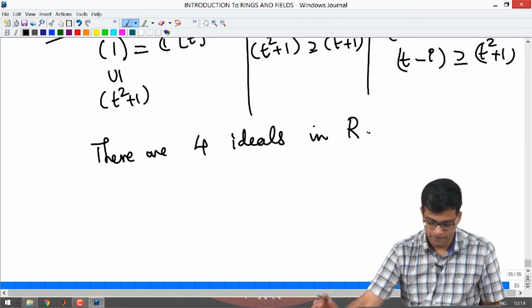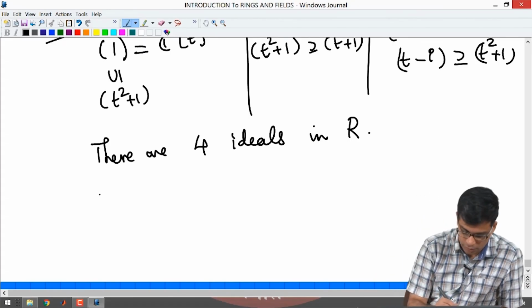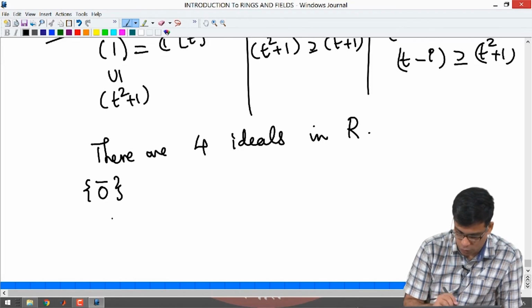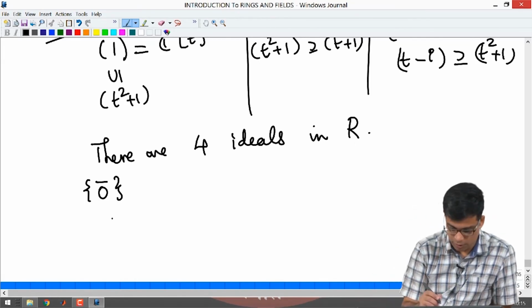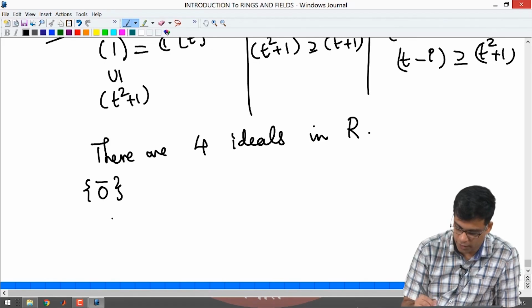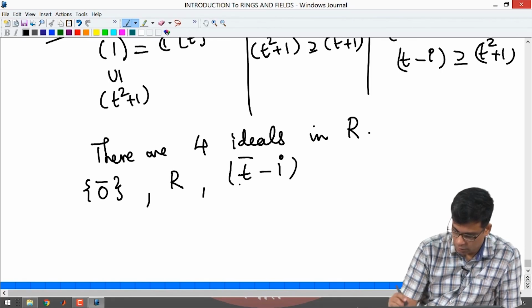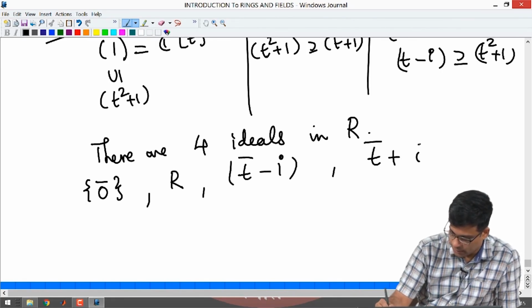And what are they? They are the 0 ideal. This corresponds to, so I will write down these and then I will tell you what are the corresponding ideals in C[t]. Of course, there is R and there is the ideal generated by t-bar minus i and t-bar plus i.